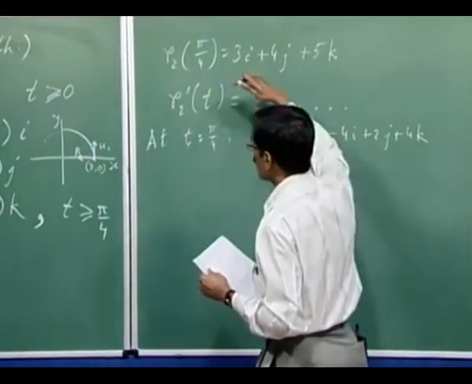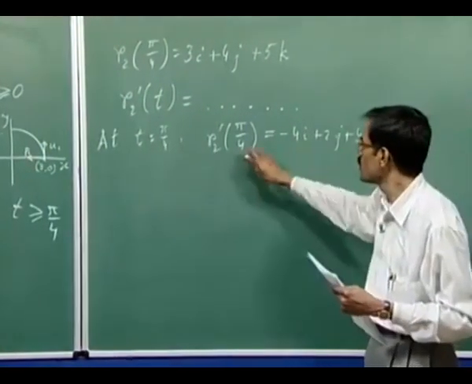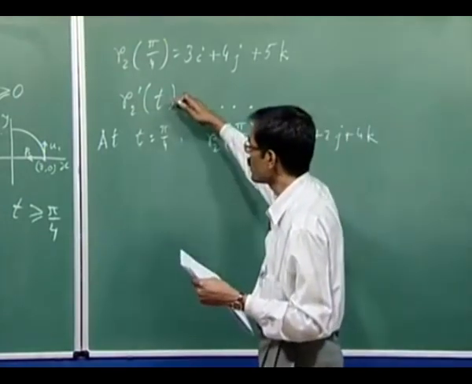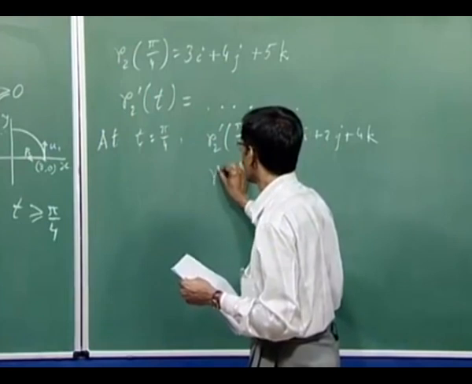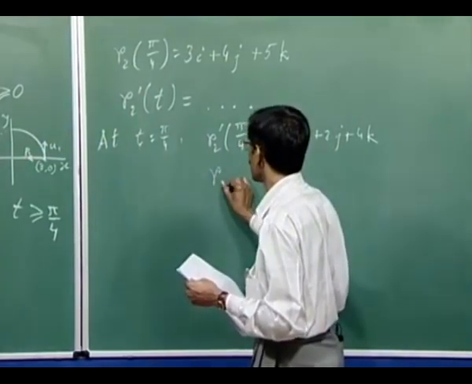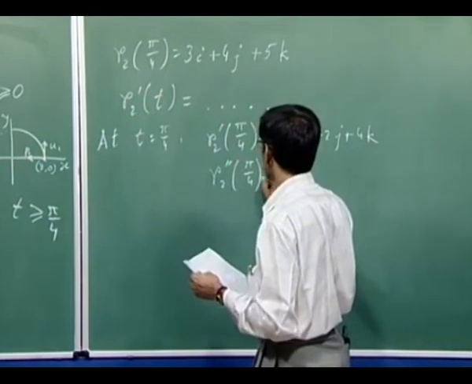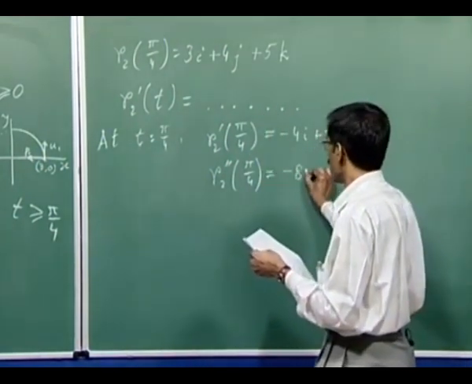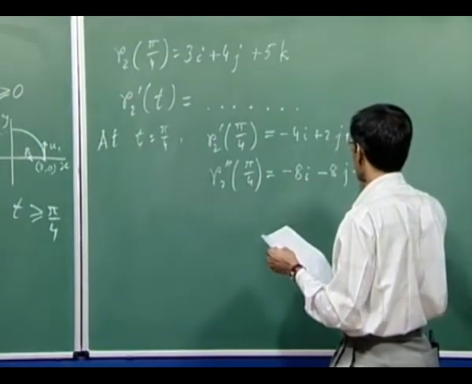You must evaluate this expression for the derivative and then verify that this indeed is what you get. Similarly, differentiating that again for the second derivative and inserting the value pi by 4 in place of t, you would find minus 8i minus 8j minus 4k.